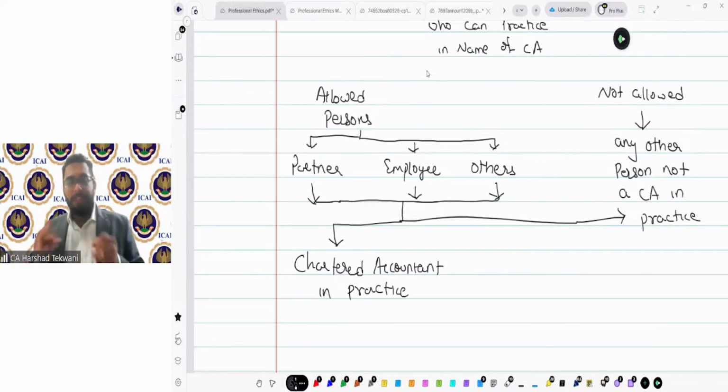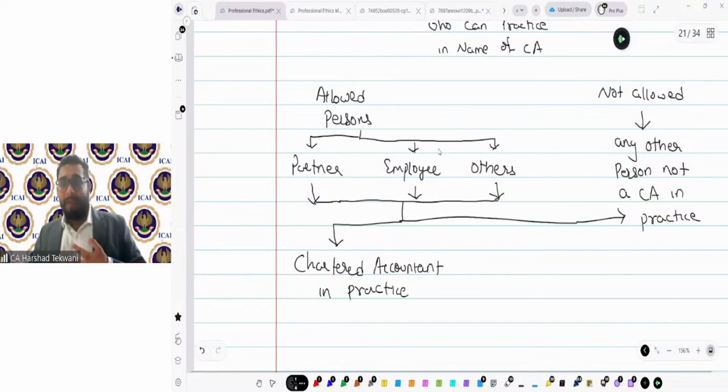Clear? So if partner, employee or others are chartered accountants in practice, that is fine. Even a partner, employee or other person who is not a chartered accountant in practice is not eligible.